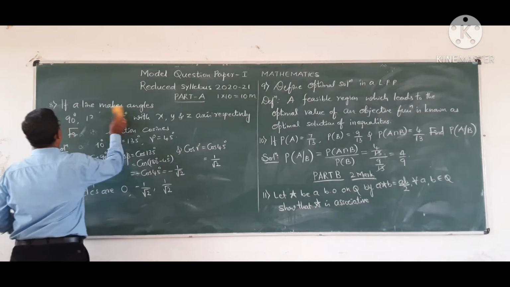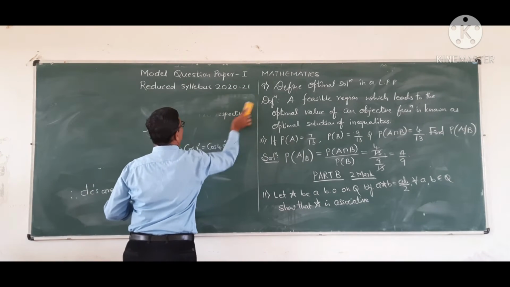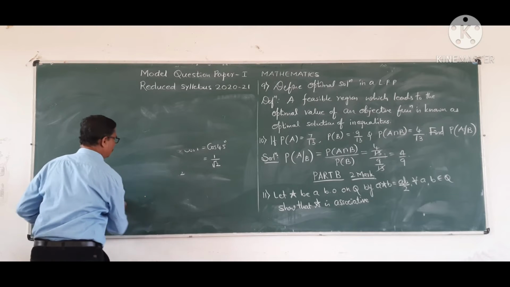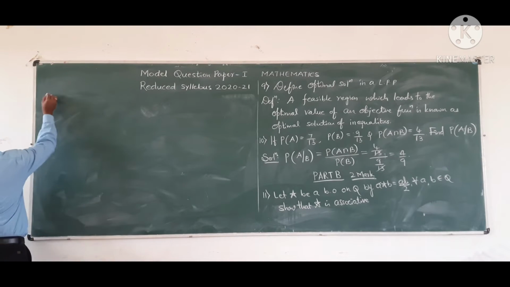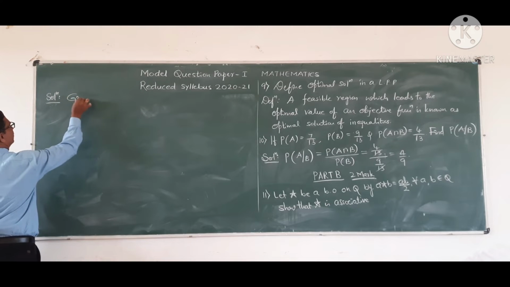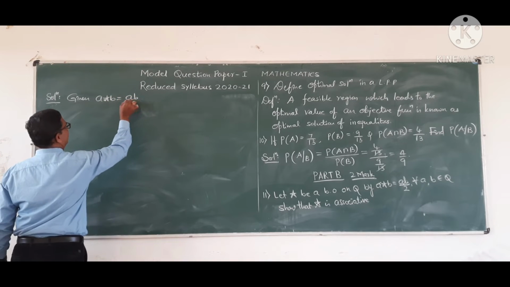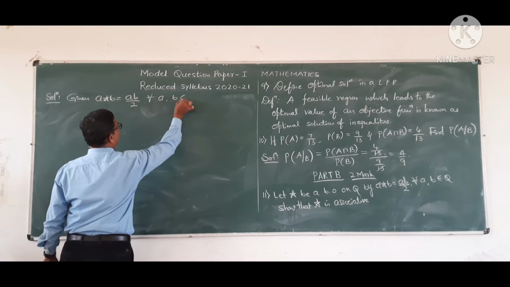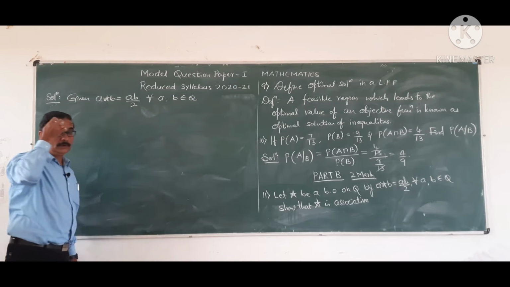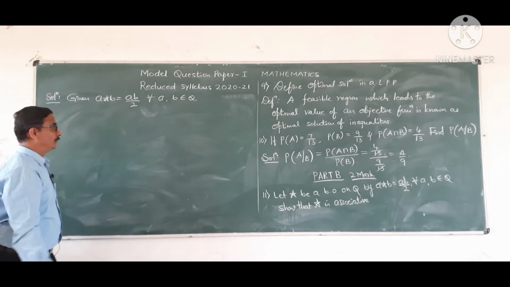Okay. Look here, solution. Given A star B is equal to AB divided by 2 for all A, B belongs to Q. Now to prove that star is associative, you know the definition of associative.